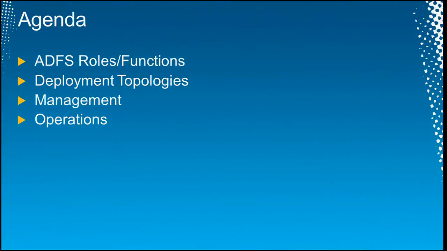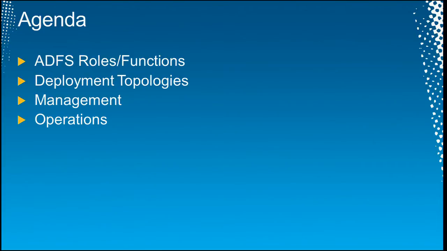So to get started, this is a deep dive on deploying ADFS in a high availability configuration. We're basically going to be alternating between HA and DR, high availability and disaster recovery. As we get started, we're going to go through what the basic roles are for ADFS, to make sure that everyone's up to speed.